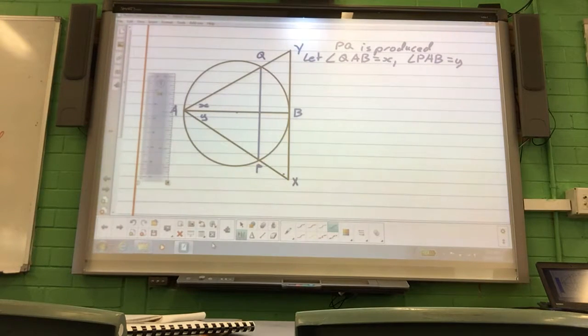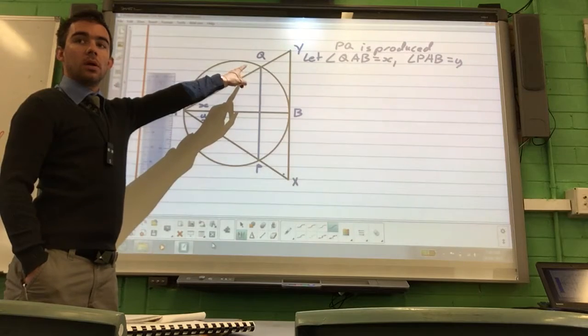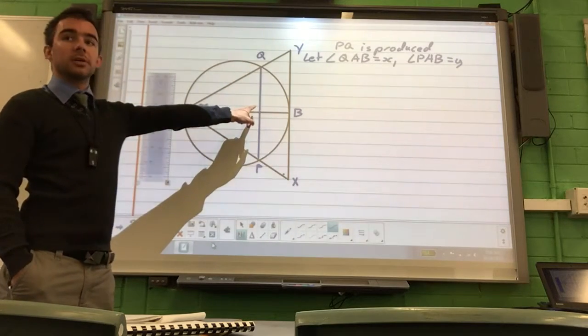Say again, sorry? So the angles at Q inside, where X is opposite X, you can put in those. Which one? This one? Yeah, because they're all right angle triangles. How do you know it's a right angle triangle?